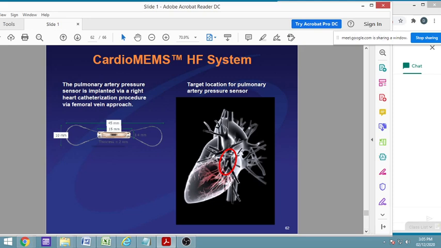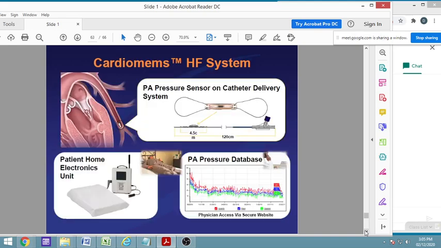If you can see this red circle in this figure, here you can see that this device is fit into it, and then it will be measuring the various parameters, and this data will be used. So it is a pulmonary artery pressure sensor on the catheter delivery system.